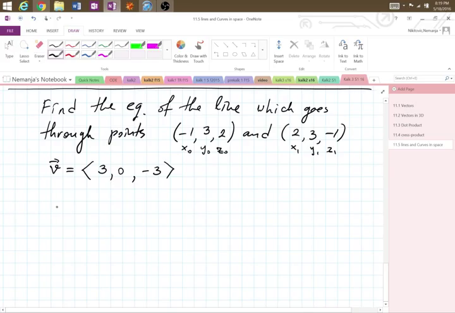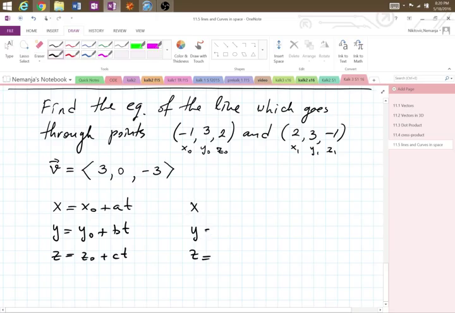We have our equations for the line, which are x equals x0 plus at, y equals y0 plus bt, and z equals z0 plus ct. We have x, y, z stay where they are.